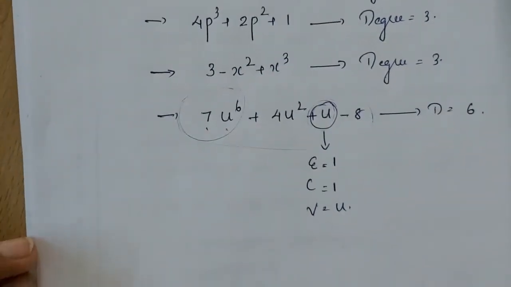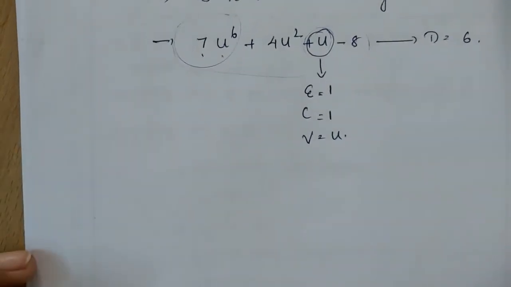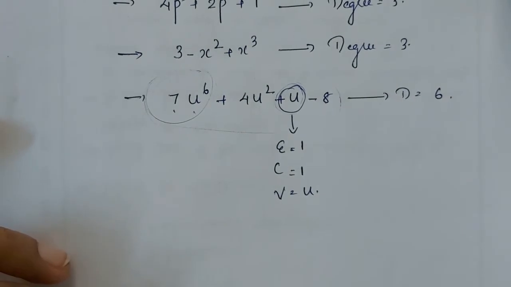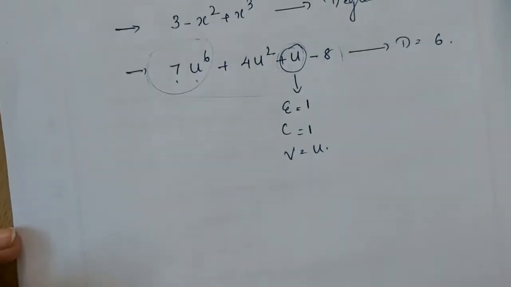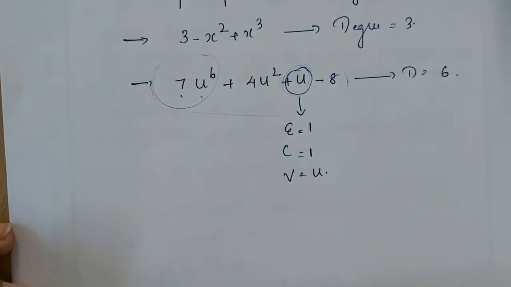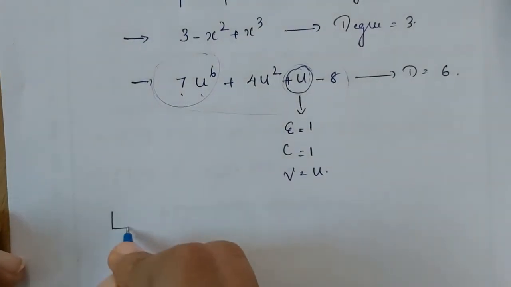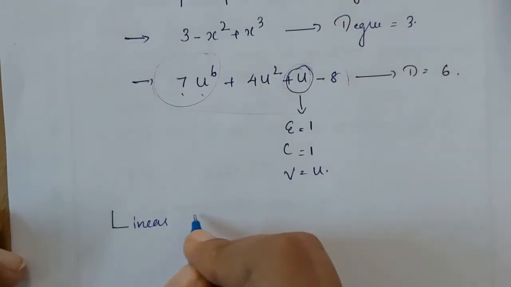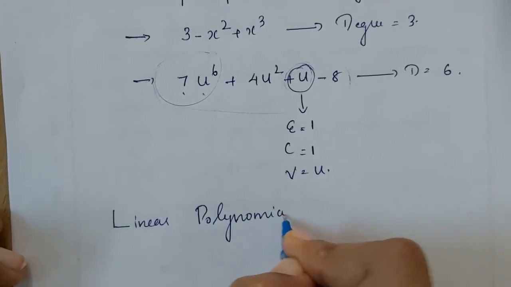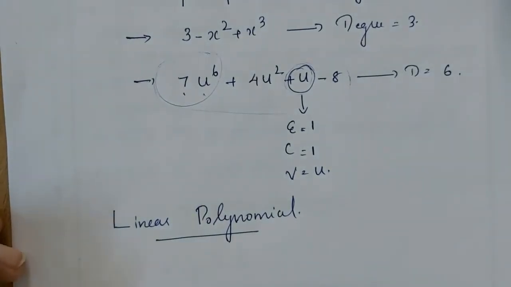Okay. We can categorize polynomials based on the degree into mainly 3. The classifications are linear polynomial, quadratic polynomial, and cubic polynomial. Let's discuss what is a linear polynomial.